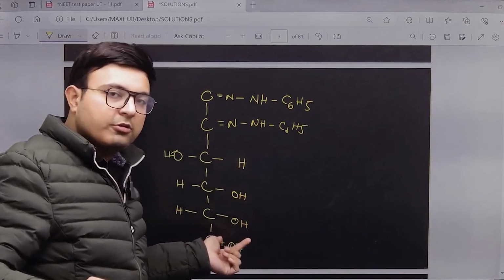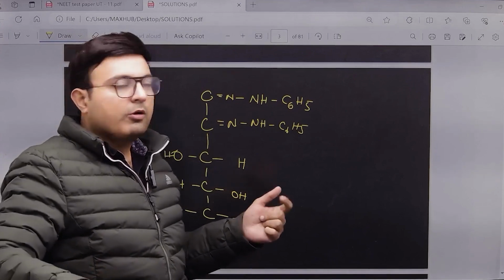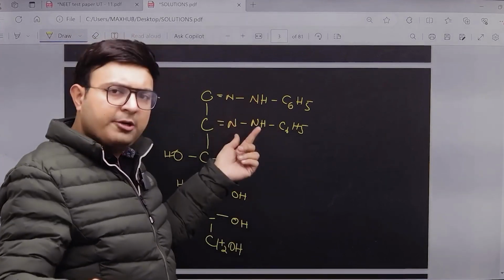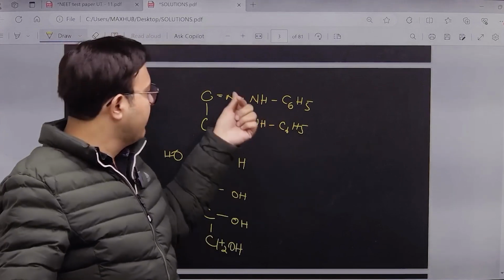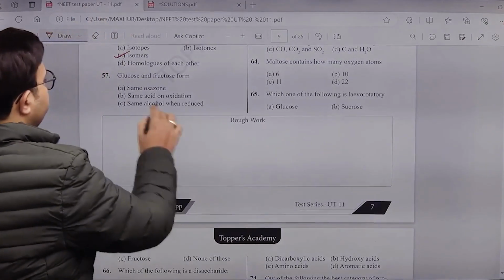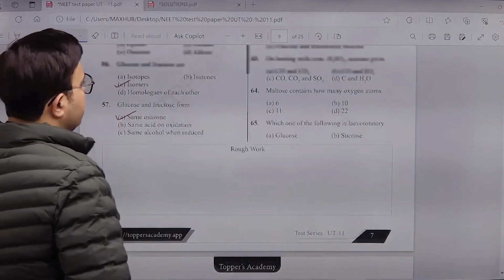Both glucose and fructose will give you this osazone because they differ only at carbon 1 and 2, and both are converted into imine. So no difference between their osazone. So option A is the correct answer, same osazone.